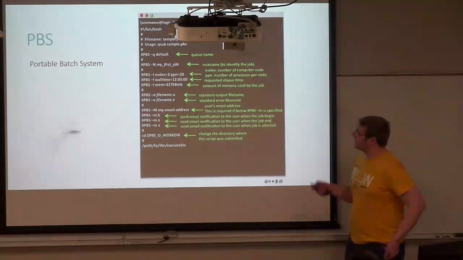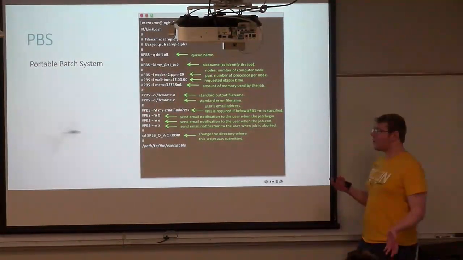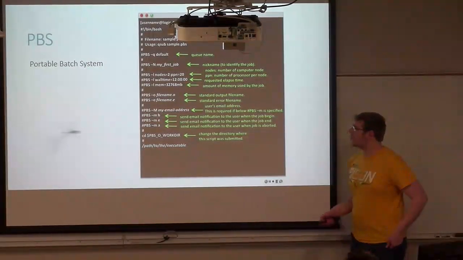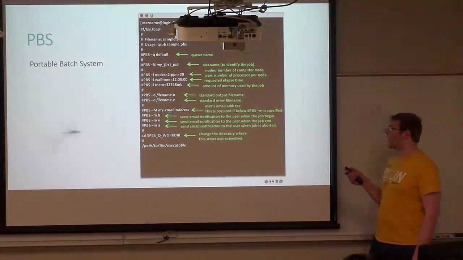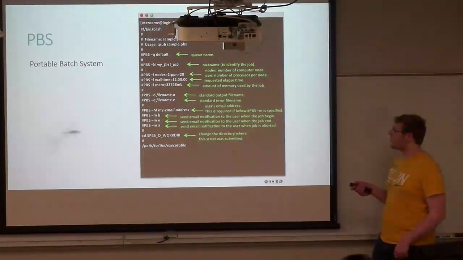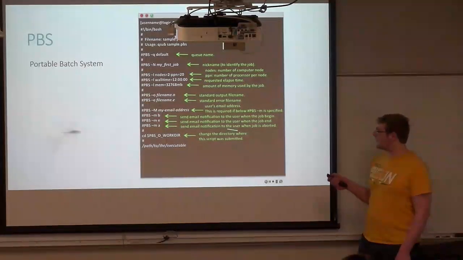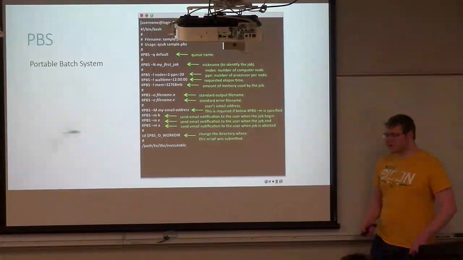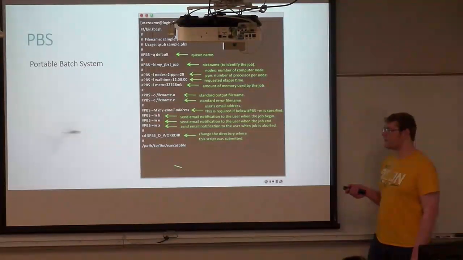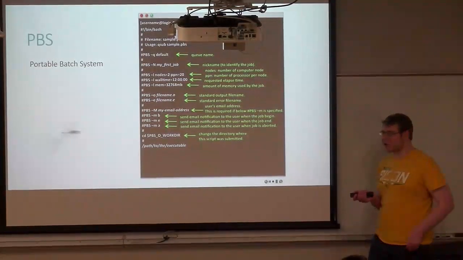So we have nodes, like how many nodes you want to run it across, and how many processors per node, how long you want it to run, the amount of memory you want to use. There's another one that you have to use, I believe, about what group you're a part of.